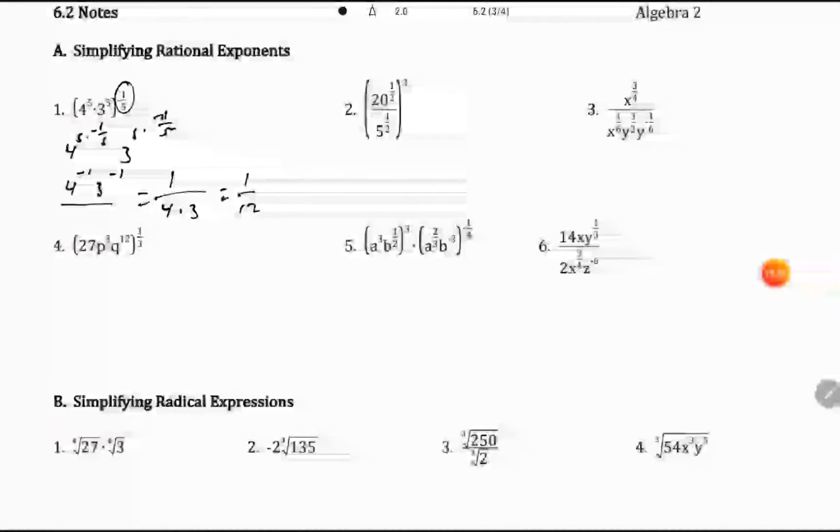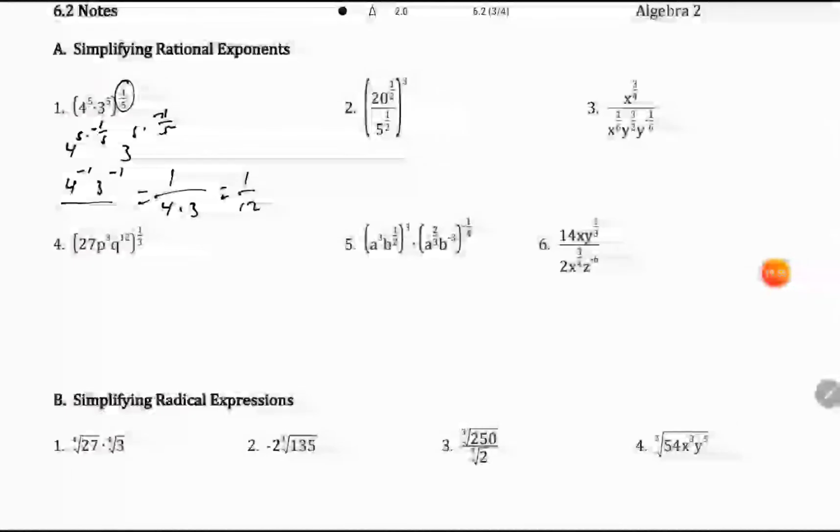Number 2. Okay. So this will be 20 to the 3 halves. Remember, I'm just multiplying it to both of these here. 5 to the 3 halves.